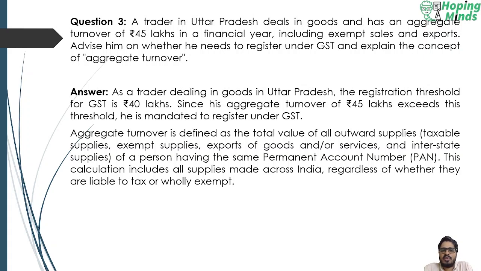This calculation includes all supplies made across India, regardless of whether they are liable to tax or wholly exempt. So to determine the threshold limit, we have to include all the supplies. So moving ahead with the next question.